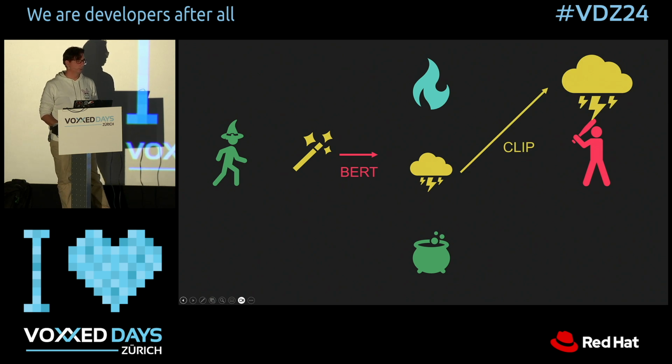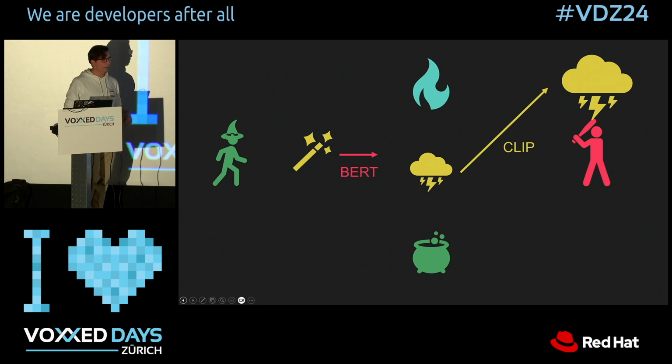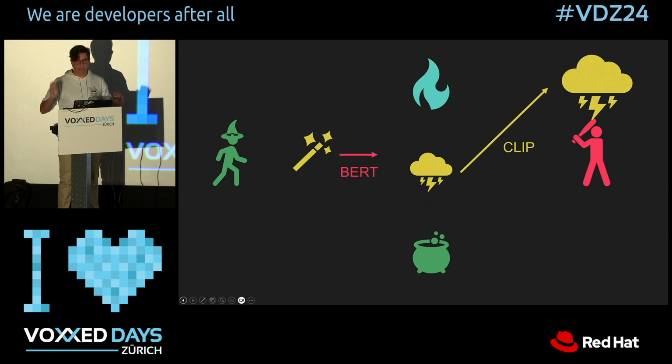And that happens through a so-called CLIP model by OpenAI, or ClosedAI if you like, if you like Musk, I guess. And what the CLIP model can do is vectorize different text and images and sounds into one vector space.